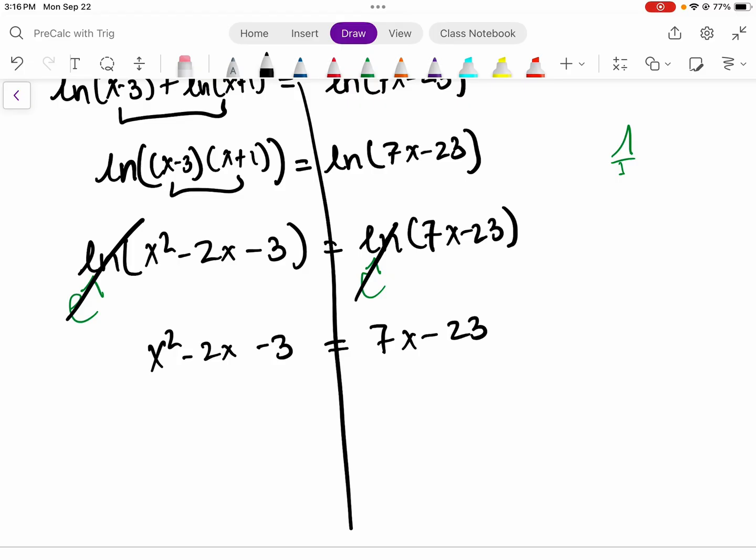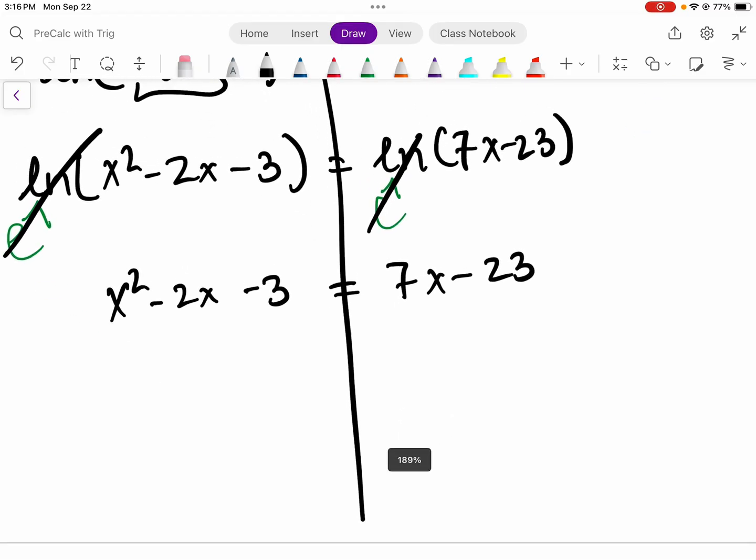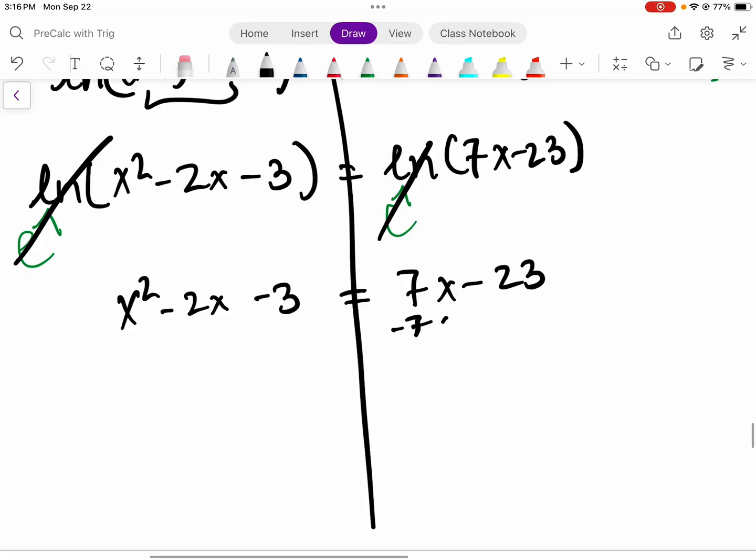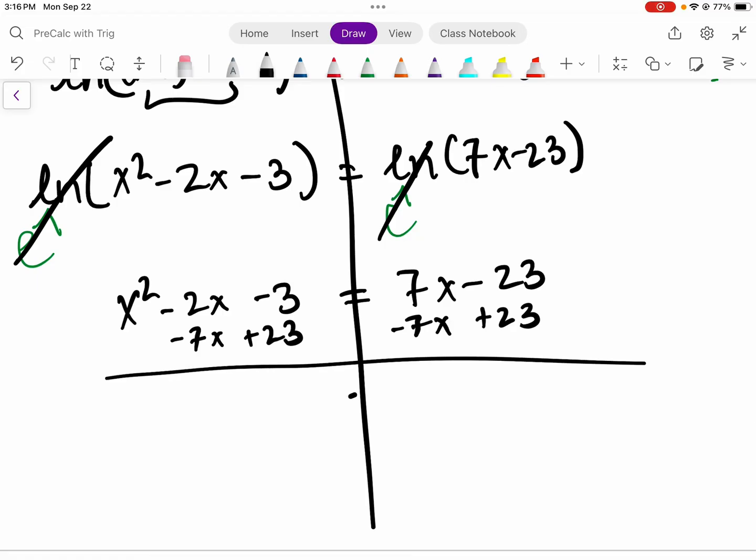And once again, you have a quadratic equation. You need to set it equal to 0 and solve for x. So I'm gonna minus 7x here, and I'm gonna add 23 here. That's a 0, and you're left with x squared minus 9x plus 20.